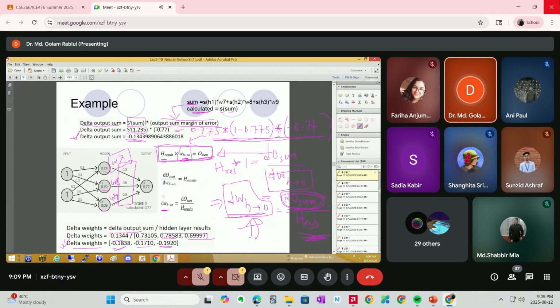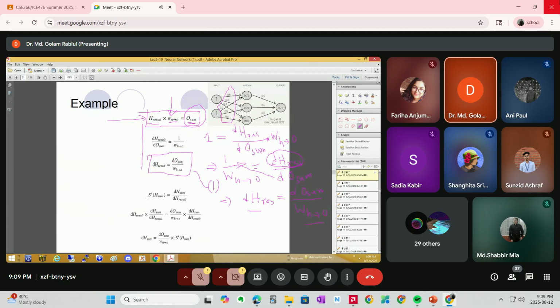So that's what we have written here. The derivative of the sigmoid of the hidden sum is delta hidden sum by delta hidden results. Just instead of delta sum by delta results, this is the hidden layer, so we write delta hidden sum by delta hidden results.